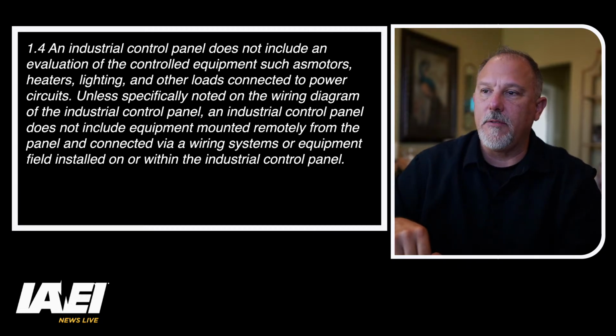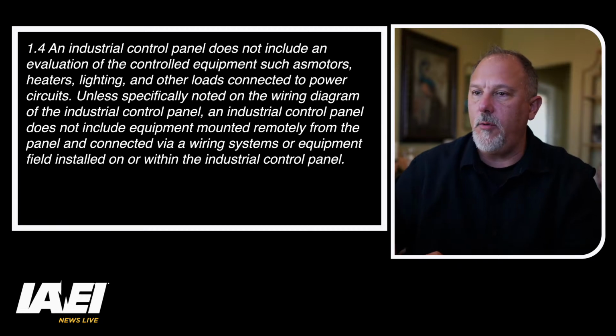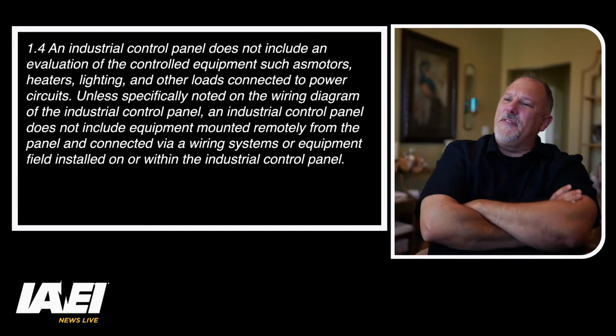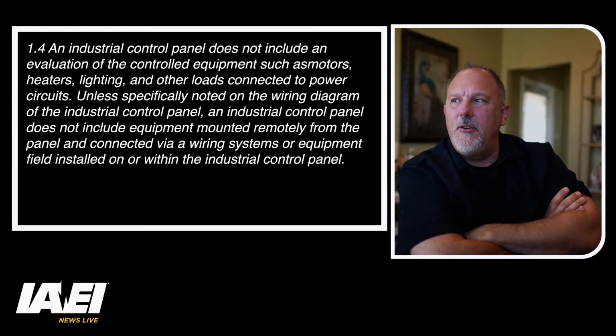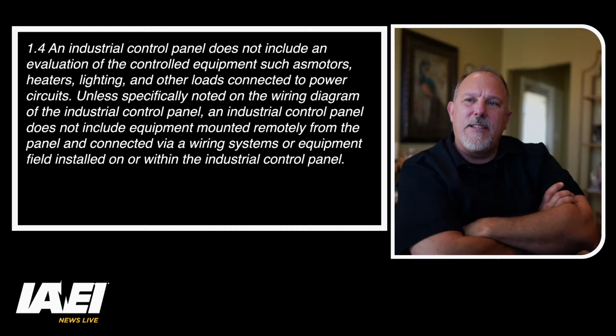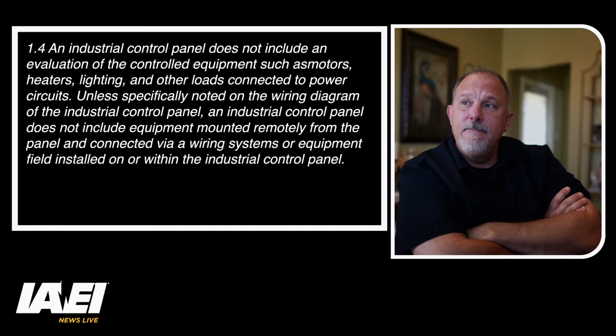An industrial control panel does not include equipment mounted remotely from the panel and connected via a wiring system or equipment field installed on or within the industrial control panel. I guess that still meets that informational note. I could include the load per the standard, but that's not what that second sentence says.